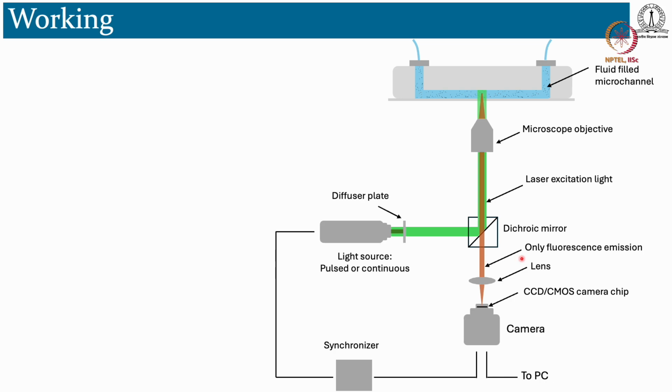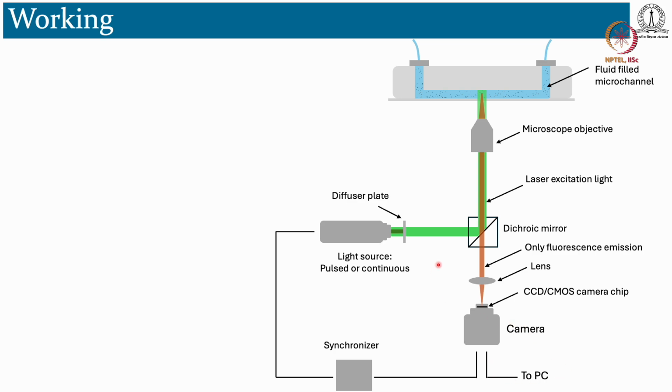You can see only the fluorescence emission is coming out through it, and it goes through a lens, and then it directly hits the camera chip, the sensor, and this is your camera. This camera and this light source is controlled by a synchronizer, as discussed previously, and the data from the camera goes to the PC.